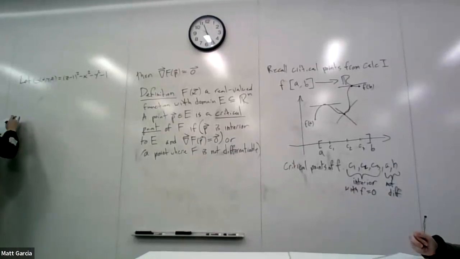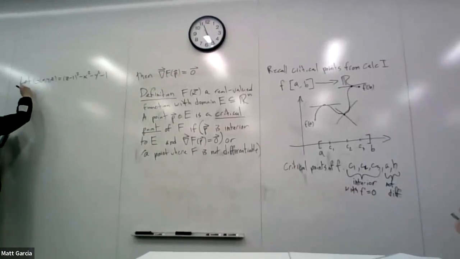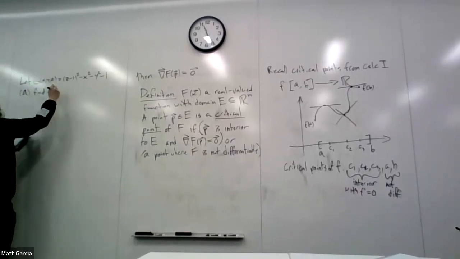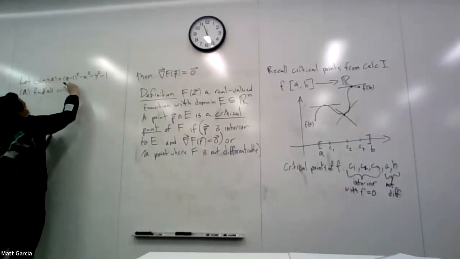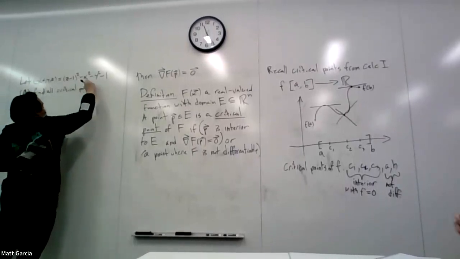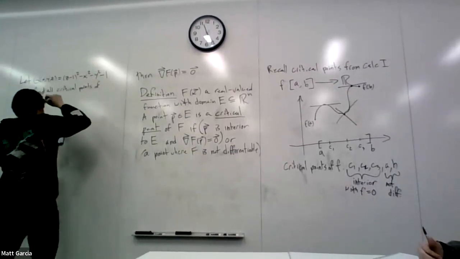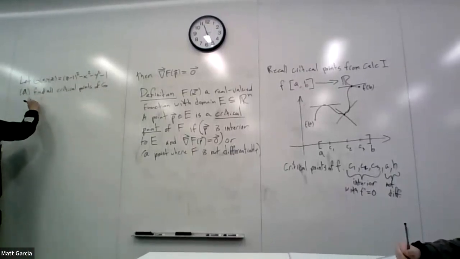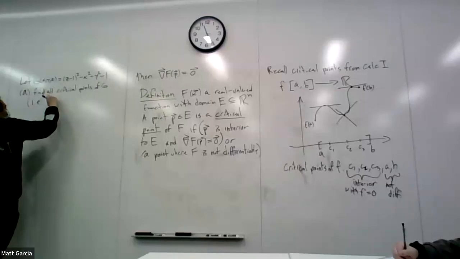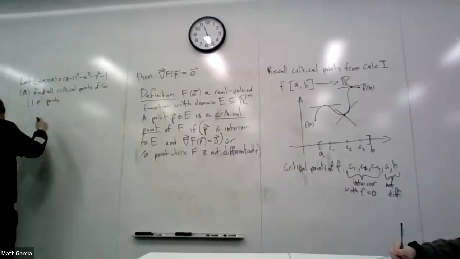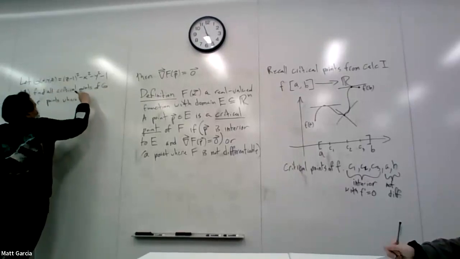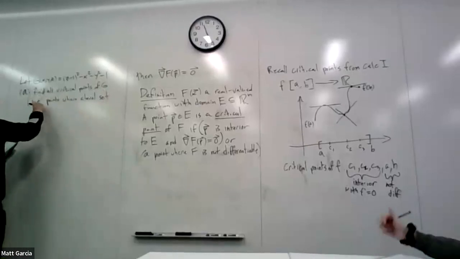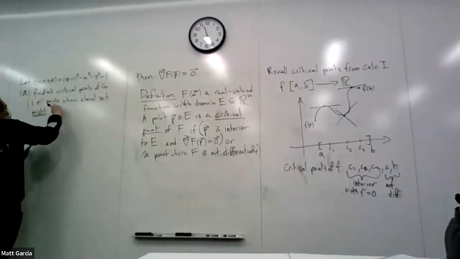Let me ask you a series of questions. First, find all critical points of g. And let me just reiterate, i.e. points where a level set might not be smooth.